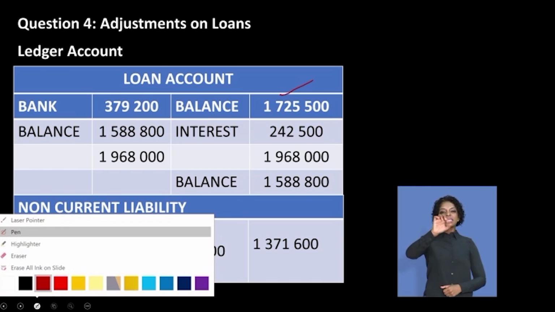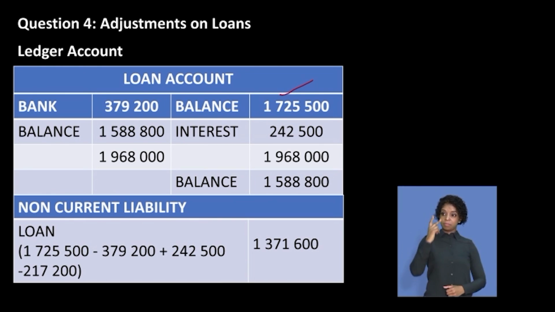Clearly you can see this is my 379,200. There's my 379,200. What was that? My fixed monthly repayments. Remember, which included the interest. Okay, so I've got that component in there.